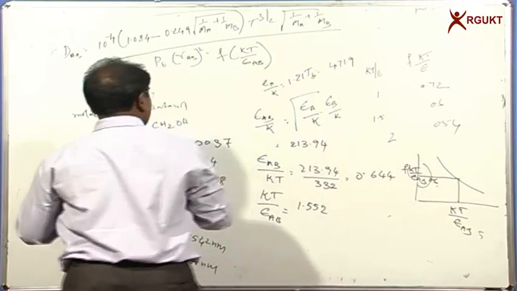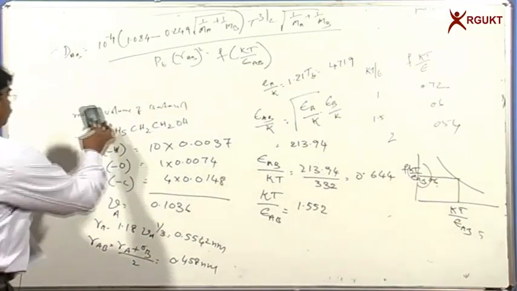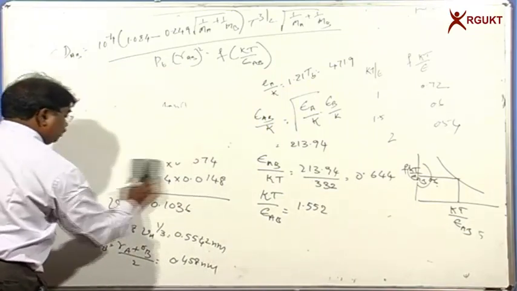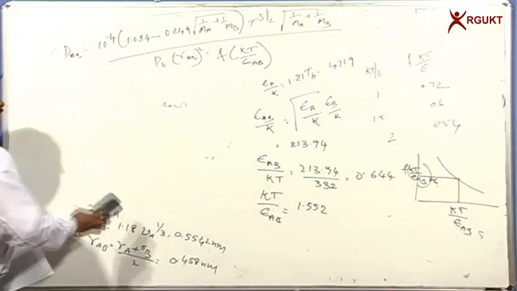0.6. So every value is known to us now. We can substitute all these values in this expression.